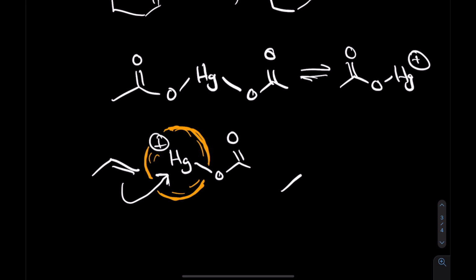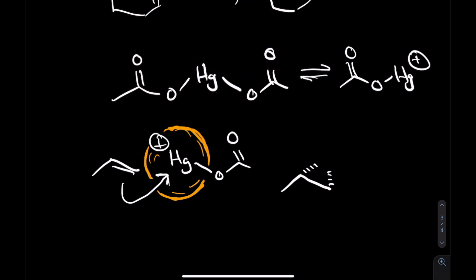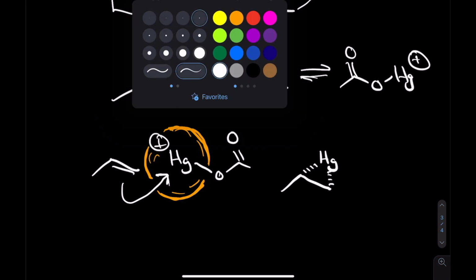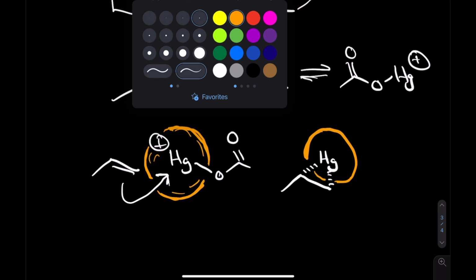All right, so you create what's called a mercurinium ion, and that happens because mercury and other big atoms, I guess protons will do this too sometimes, but let's just say for now that big atoms will form this bridged cationic structure.